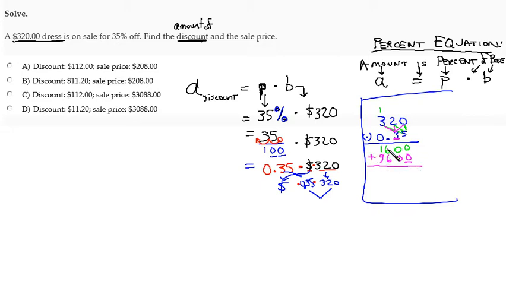Now we add these two partial products together and arrive at 0 plus 0 is 0, 0 plus 0 is 0, 6 plus 6 is 12, carry a 1, 1 plus 1 is 2, 2 plus 9 is 11. Now we have to compensate for the decimal places in these two numbers. There is no decimal place to the right of the 320, but there are 2 decimal places to the right of the decimal point in the 0.35.